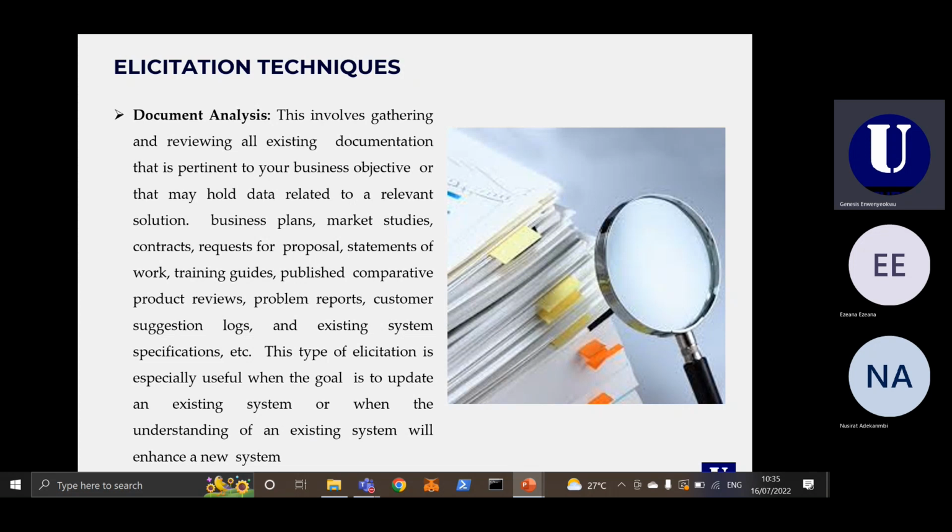So in document analysis, let's say for instance, we have a learning and development policy document for Access Bank. We can analyze that document to understand the objectives of Access Bank in terms of learning and development, to understand the data of Access Bank staff that will be involved in learning and development, to understand the history of learning and development of Access Bank.